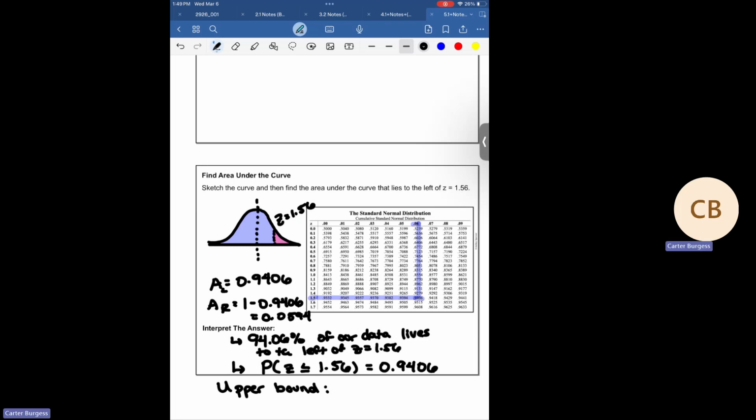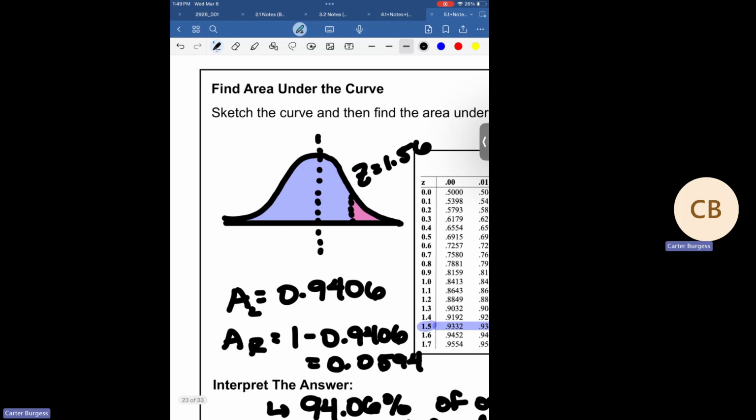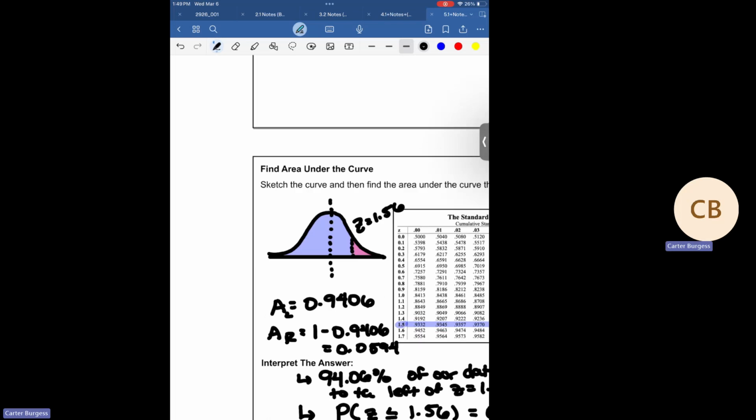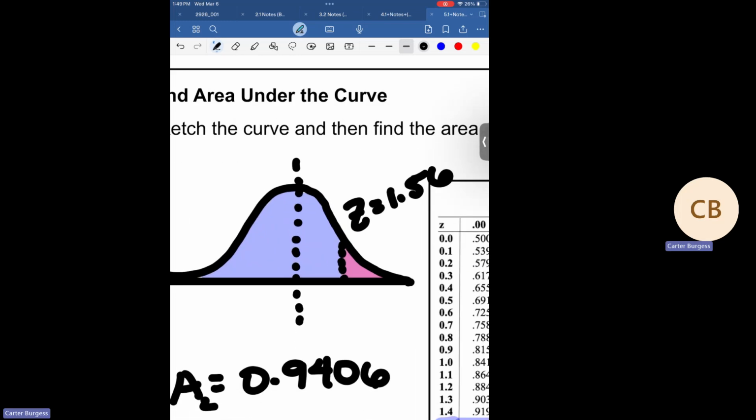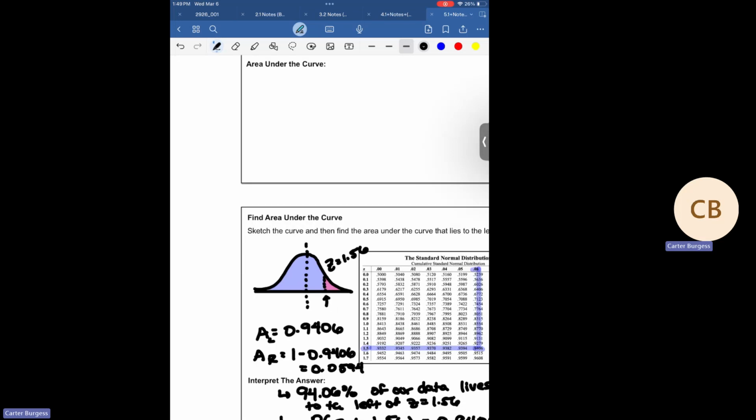Don't overthink it. This isn't a trick question. What's the largest z-score that falls to the left of this value? No, that's the area under the curve. I'm looking at the z-score. What is the x value that's the largest that we can see? 1.56.